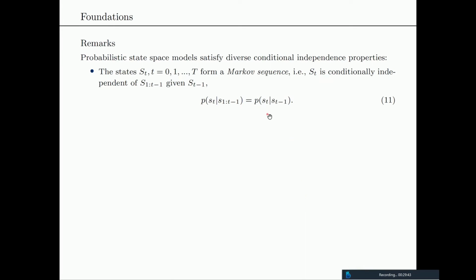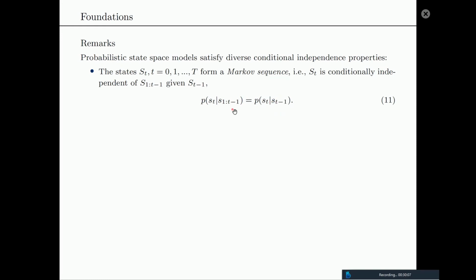So one conditional independence property that is very evident from the definition is that the state T is independent of all states that are earlier than T minus 1. That was in the basic definition.